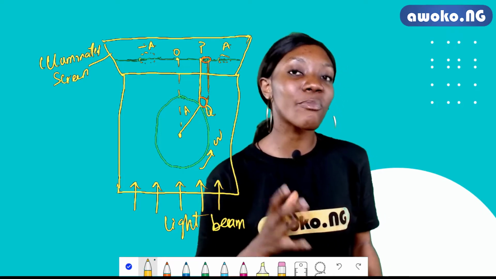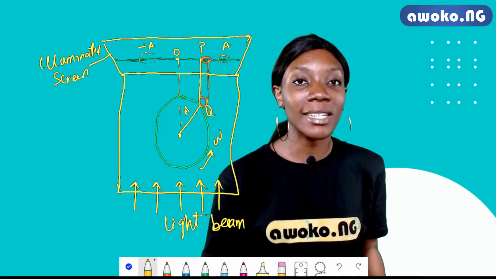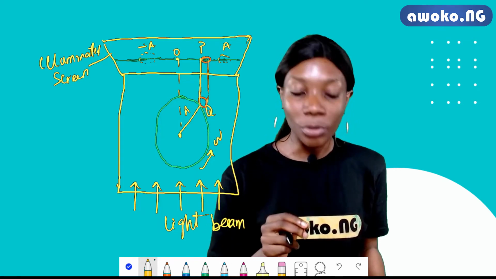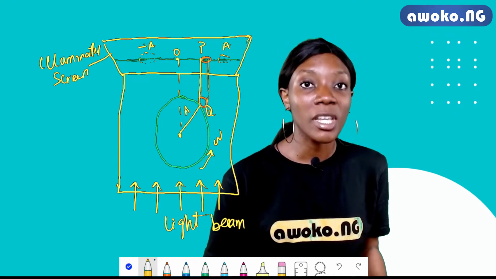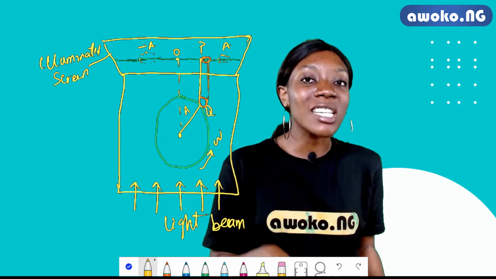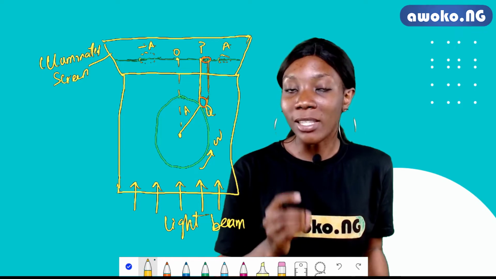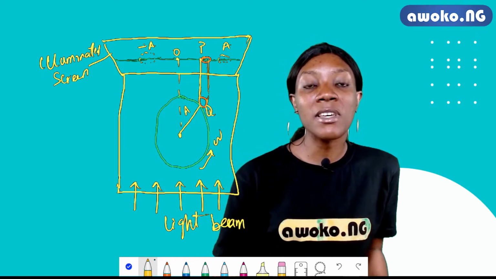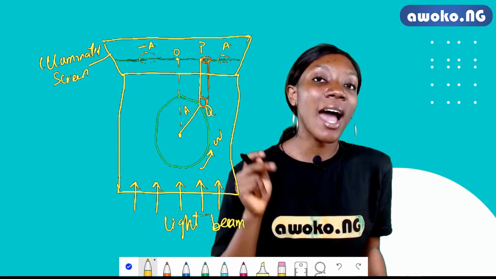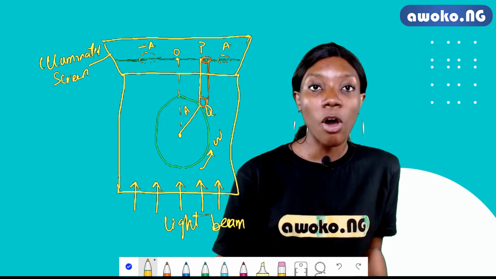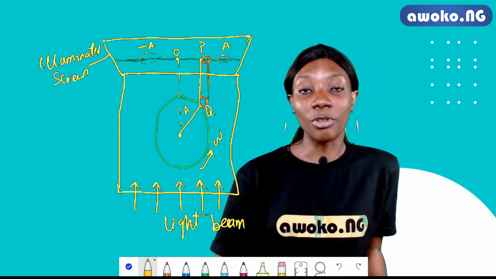Now we'll prove that the motions of the body and of the ball's shadow are identical if the amplitude, which is A, of the body's oscillation is equal to the disk radius A. This is why we didn't use the symbol arrow. So we'll prove that if the amplitude of the body's oscillation is equal to the disk radius A, and if the angular frequency 2 pi f of the oscillating body is equal to the angular speed W of the rotating disk.